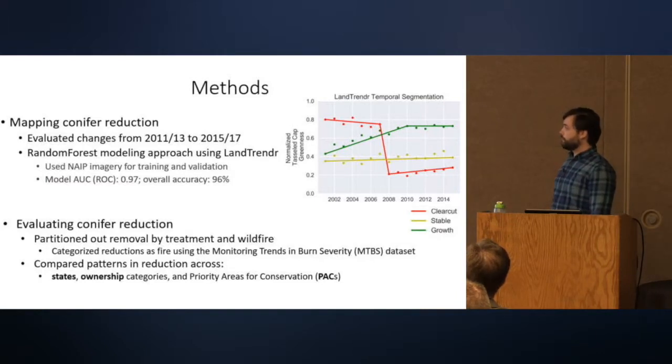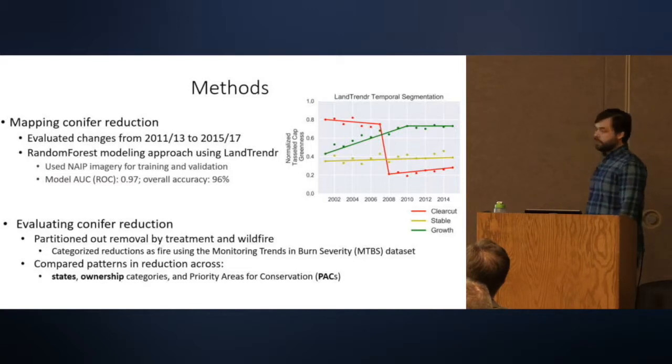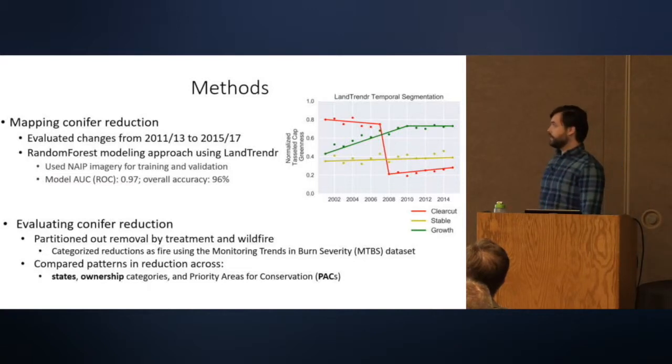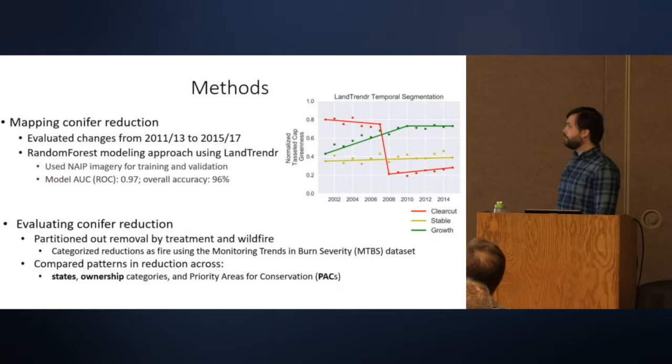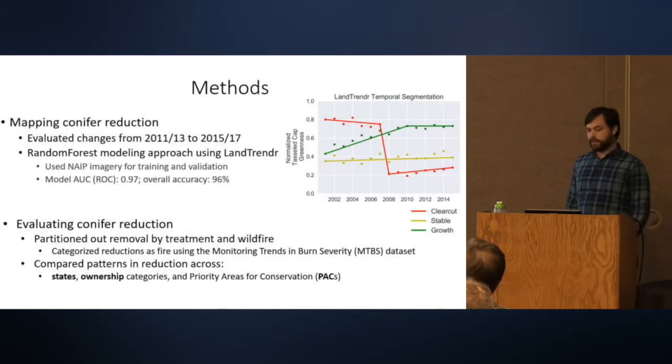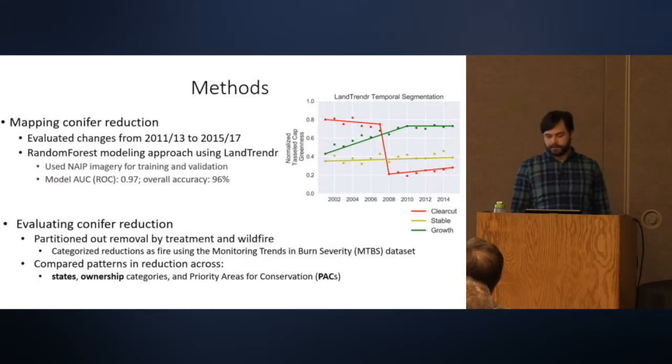And so we can see some growth there in terms of the greenness. And we can also see what we're actually looking for in this study, which is that reduction. So if you look at that red line, you can see we start out with fairly high greenness, but then something happens about halfway through the time span of this study, and it drops off. And so that could be a clear cut, as indicated there, or it could be a wildfire or anything else.